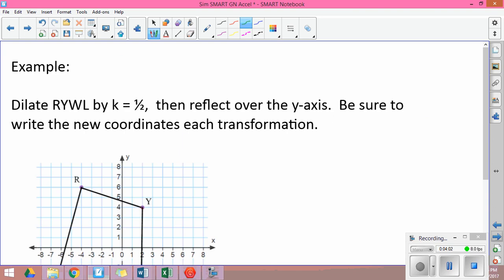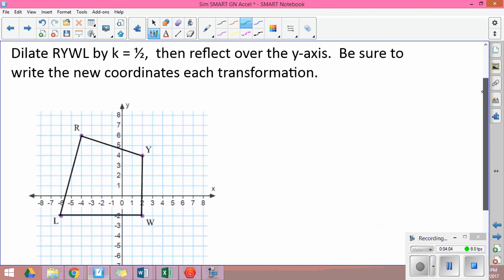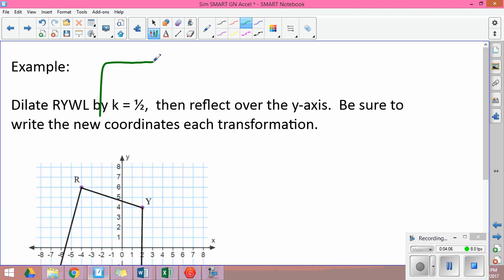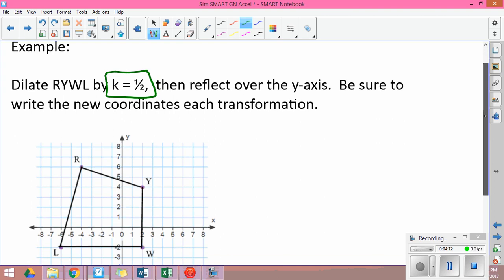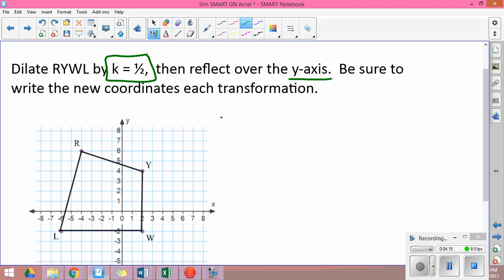So let's look at that exact issue right now. First we're going to dilate by 1/2, then reflect. So a lot of times I will write my rule like this.